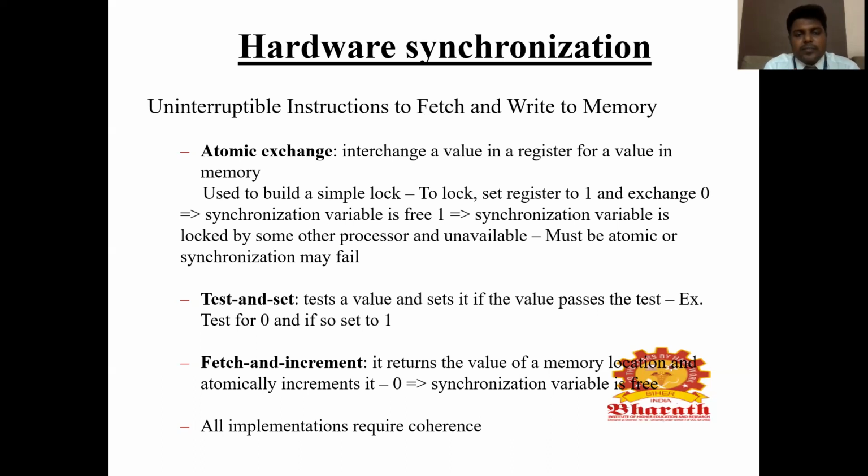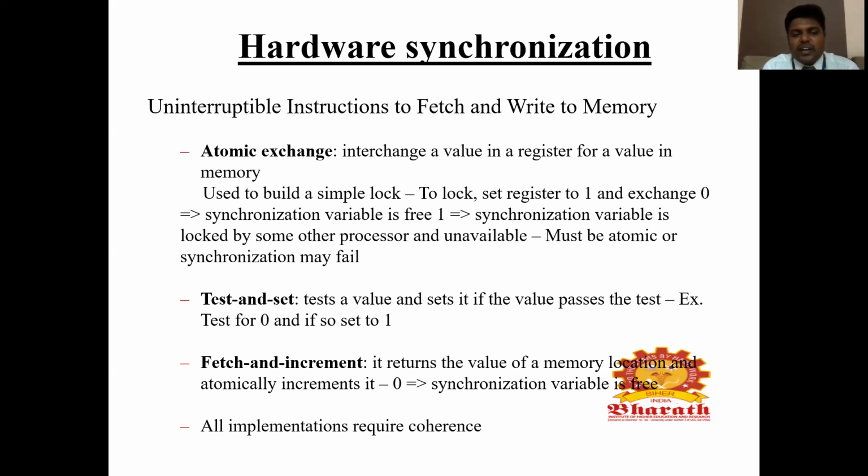Test and set: test a value and set it if the value passes the test. For example, test for 0 and if so, set to 1. So test a value, and if the value passes the test, then set the value.